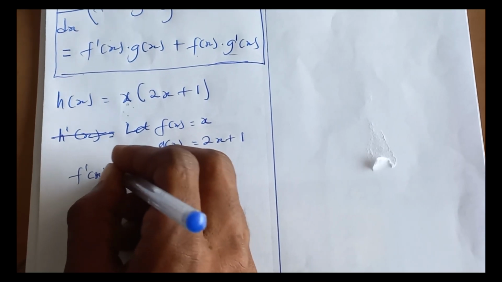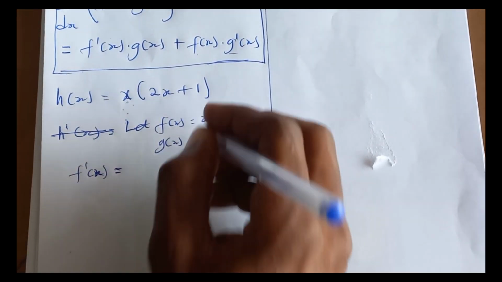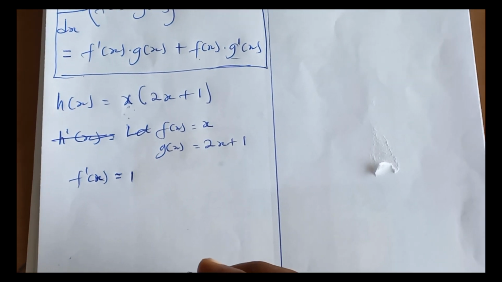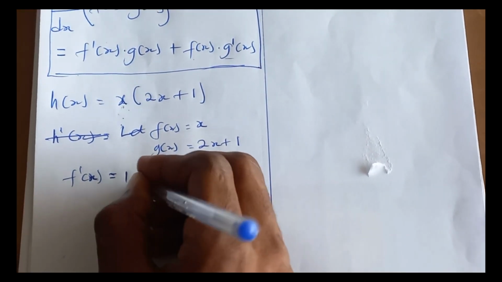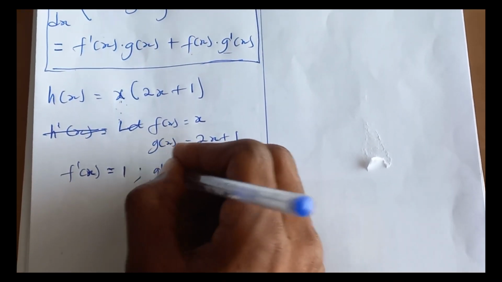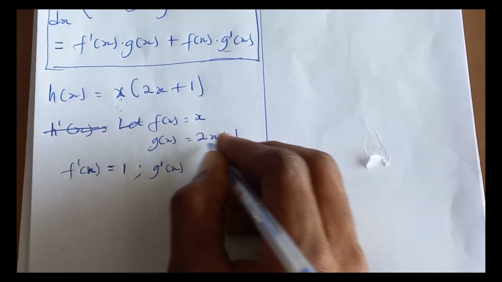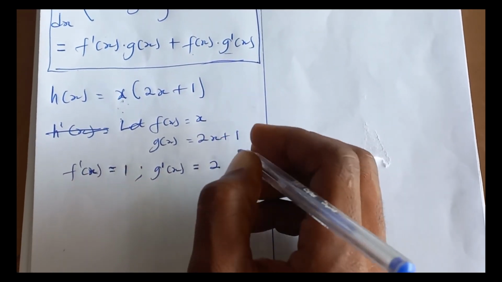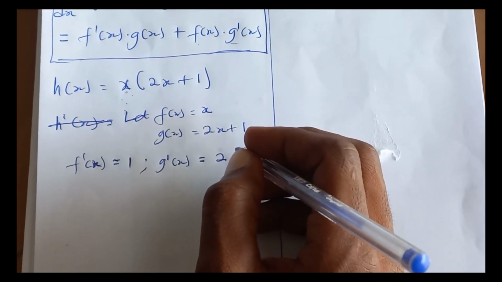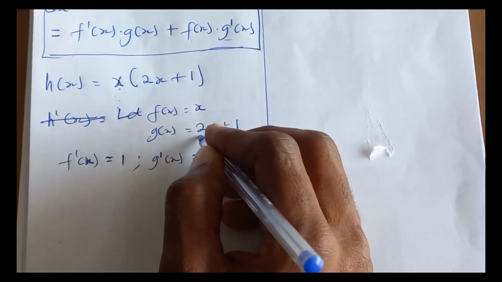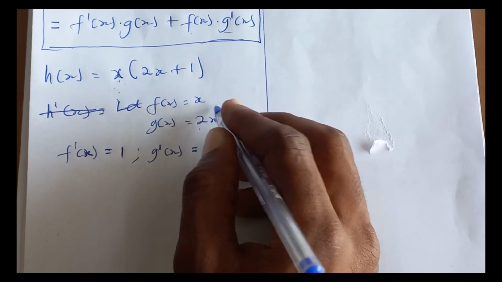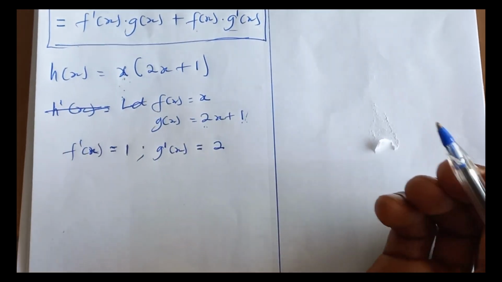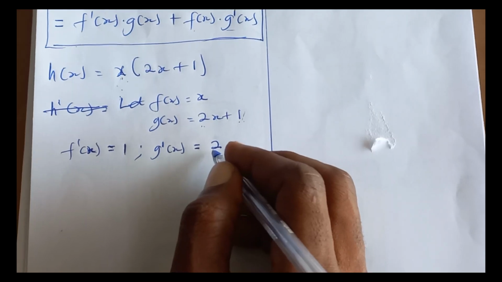We need to differentiate this. We are going to get 1. Then our g prime of x, when we differentiate this, we are going to get 2. The constant, when you differentiate a constant, you get 0. So that's how come we are getting 2.